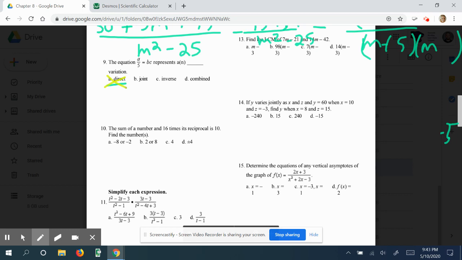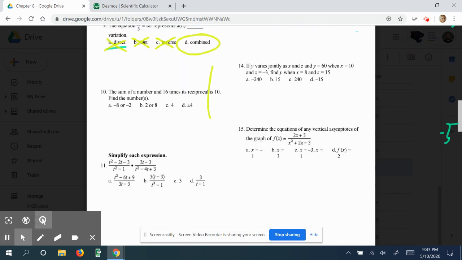There's joint variation, which is when we multiply by two different numbers. Inverse is x times y, so that's not it. So this is actually B, joint variation.